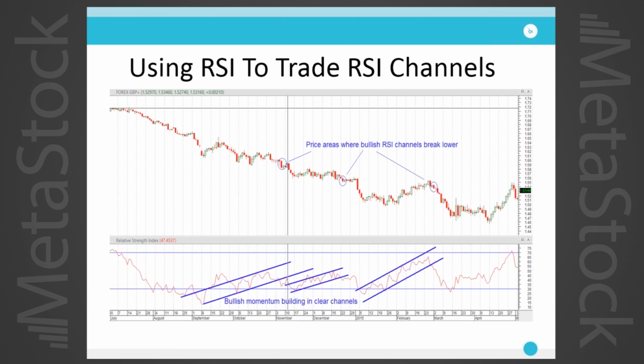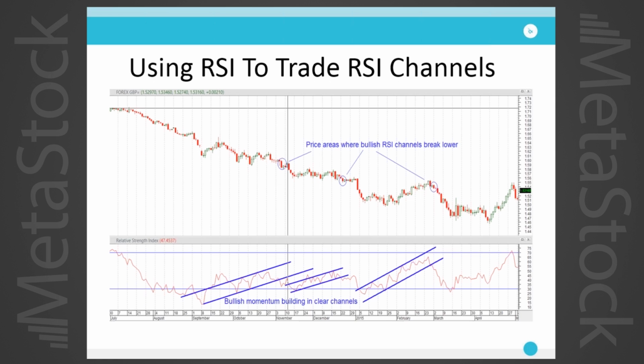So this is a really clever way that you can look to use the indicator, and as I say, the conditions that I'm always looking out for are that I want to see a clear price trend, whether bullish or bearish. I just want to see a clear trend. So again, I'm not looking to apply these methods all the time. I'm not looking to apply these methods every day to every chart.